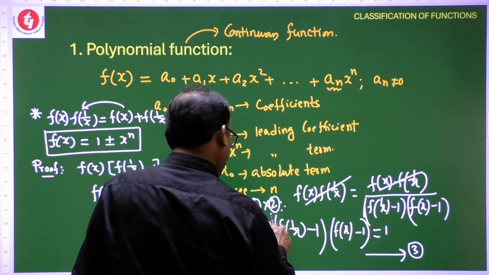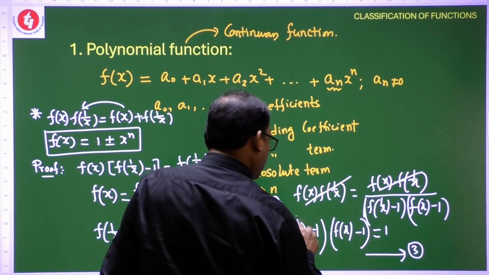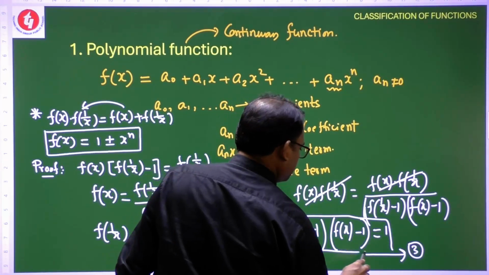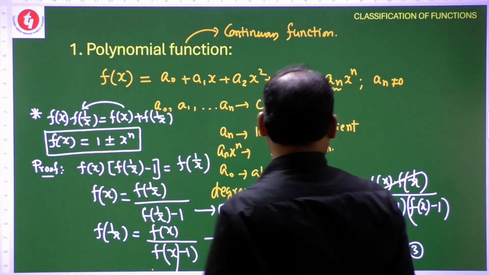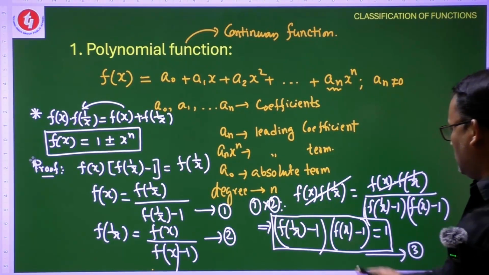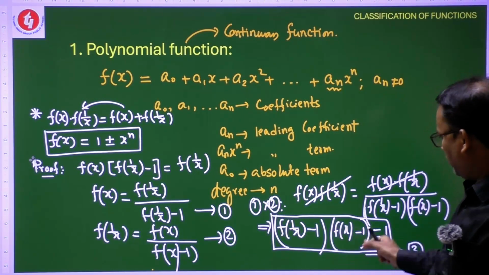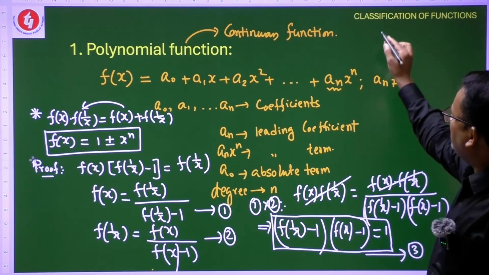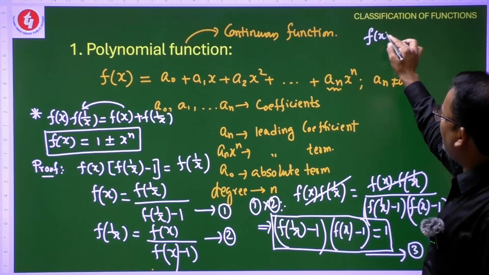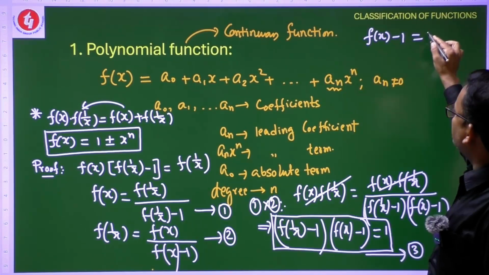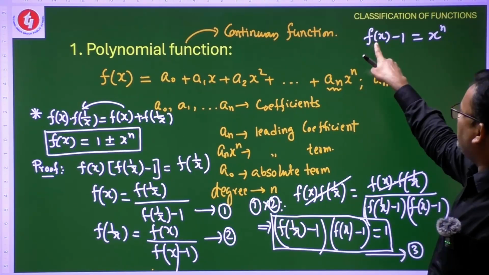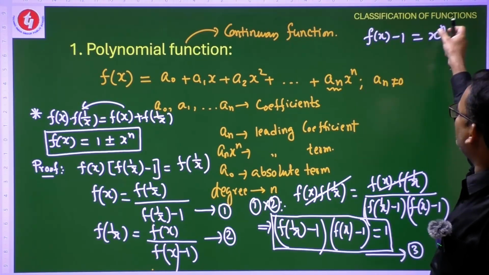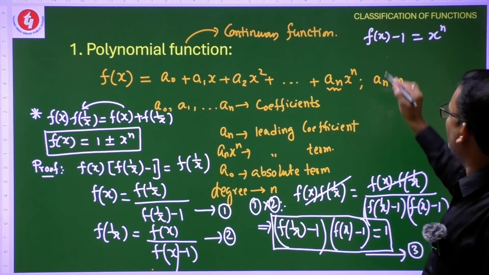So now f of x is a polynomial, and their product is 1. Here you have only one possibility. If f of x minus 1 is equal to x power n, then f of 1 by x minus 1 is also 1 by x to the power n, and their product is 1.